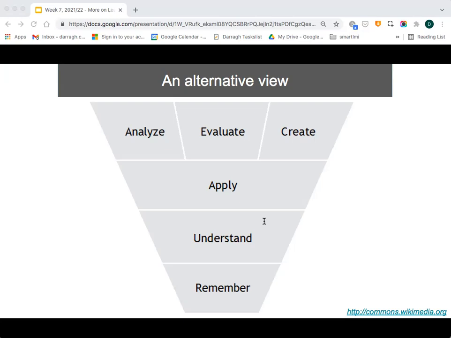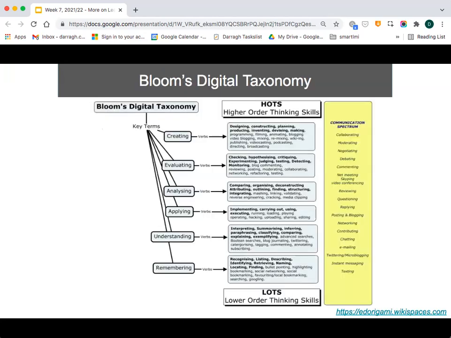So according to this viewpoint, those three are top of the table, and they all are either, depending on your interpretation, equal in terms of what they require from students, or else to master the task at hand, you have to be able to analyze and evaluate and create. This is a somewhat dated look at Bloom's digital taxonomy.